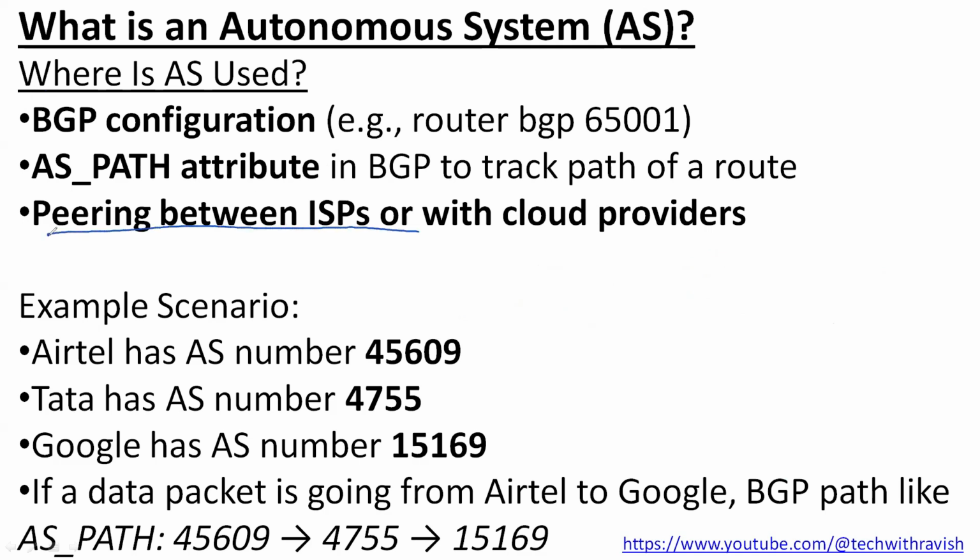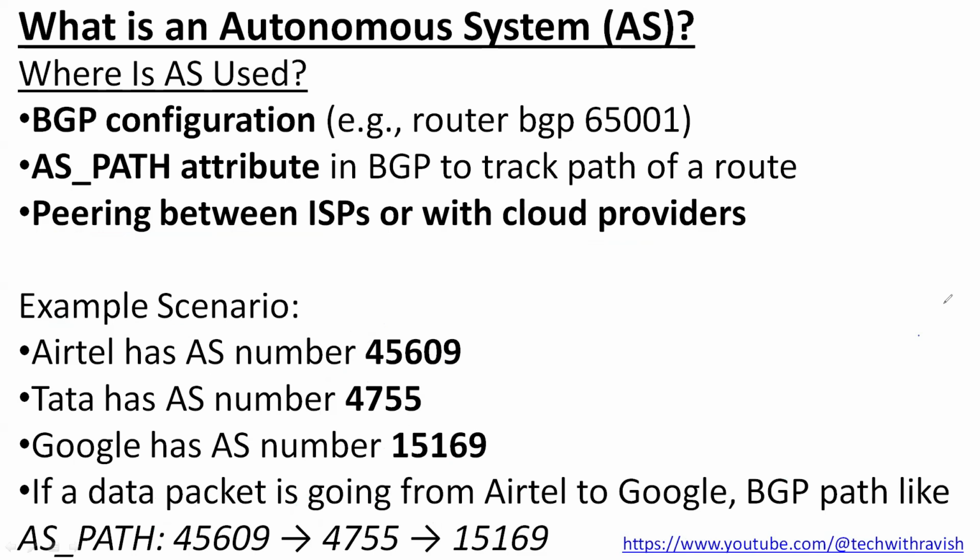Then there is peering between ISPs or with cloud providers, which means they create neighborship. As an example, AS number 45609 is allotted to Airtel, 4755 to Tata, and Google has its own AS number 15169. So the path from Airtel to Google can be like this: 45609, 4755, and 15169.